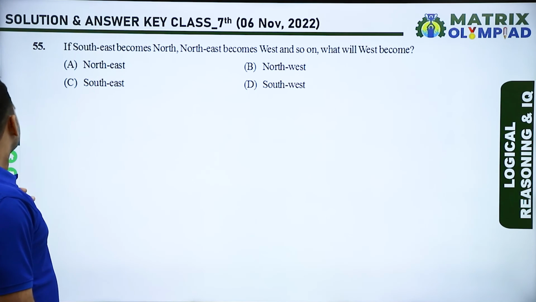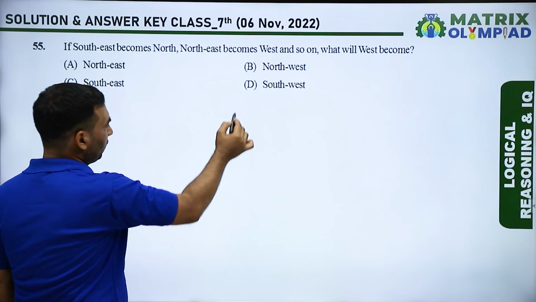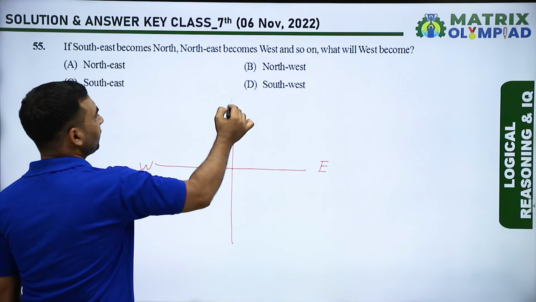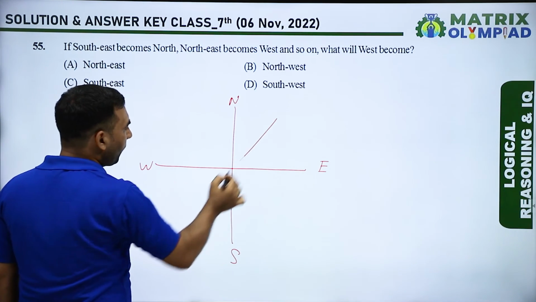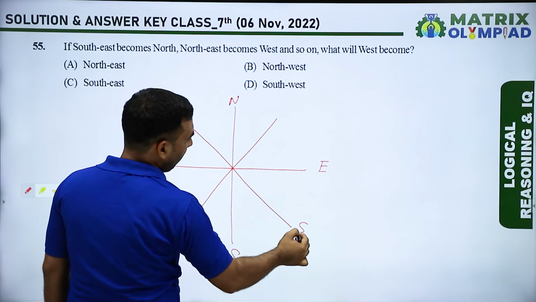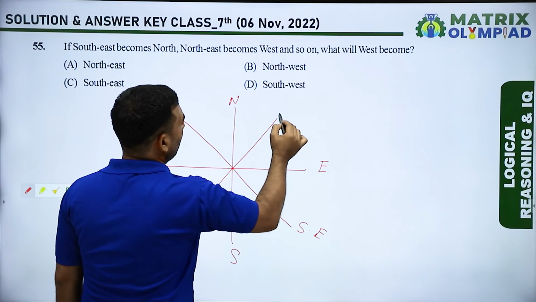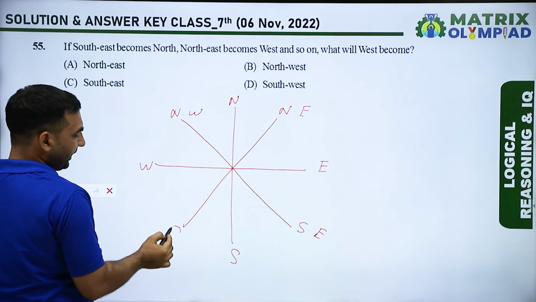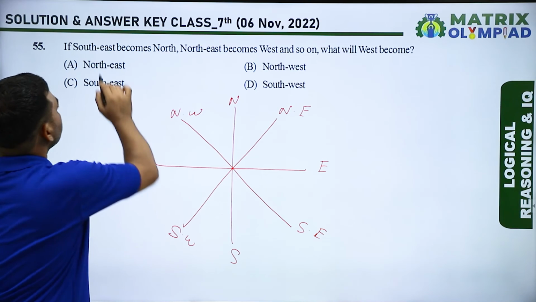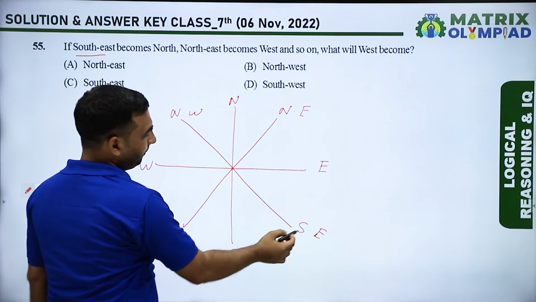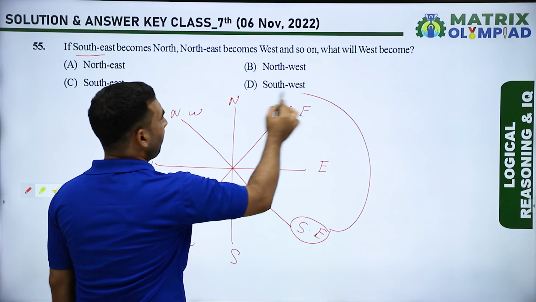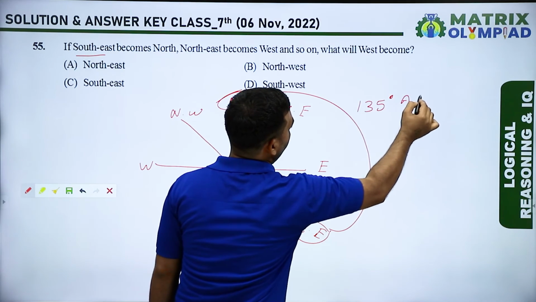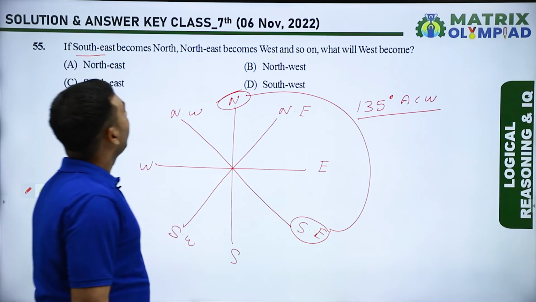Next question is, if southeast becomes north, our directions are east, west, north, south, and our sub-directions are southeast, northeast, northwest, and southwest. If southeast becomes north, then our rotation is 135 degrees anti-clockwise.